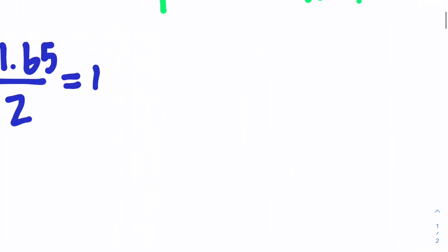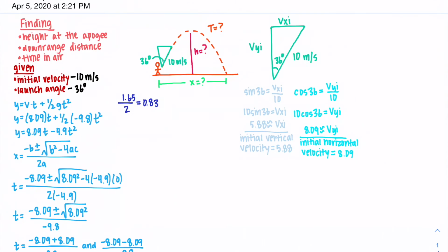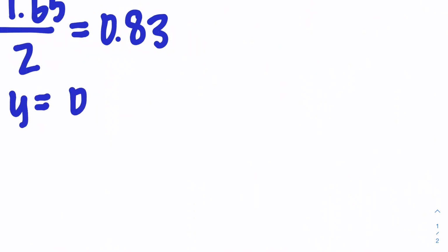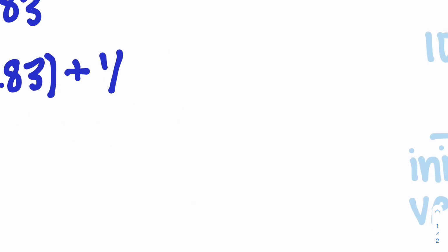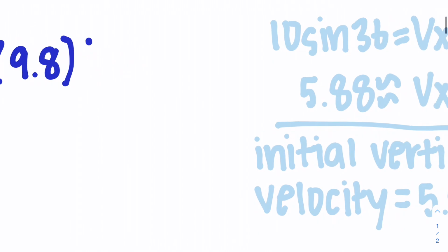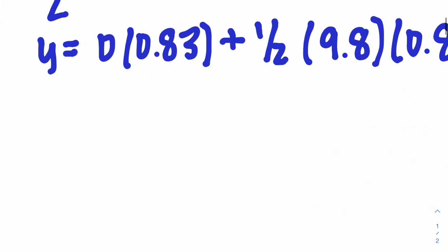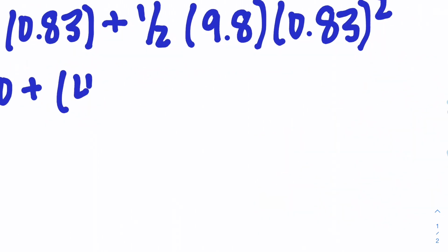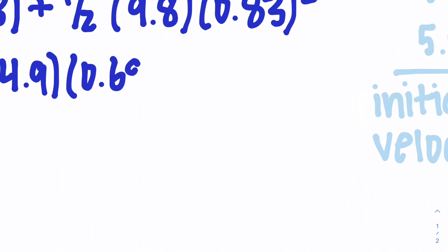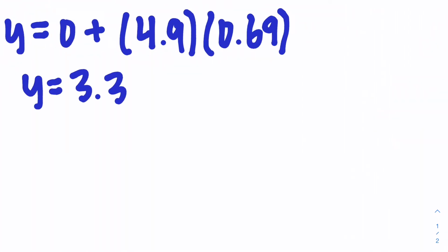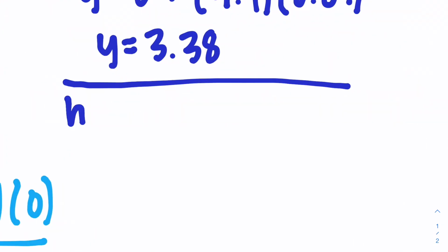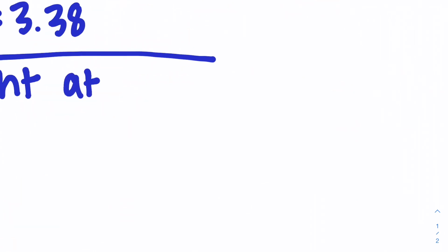Next, we're going to find the height at the apogee. And we are taking half the time and putting it into the equation we used before, because at half the time it was at the highest point, so that is why we can do that.